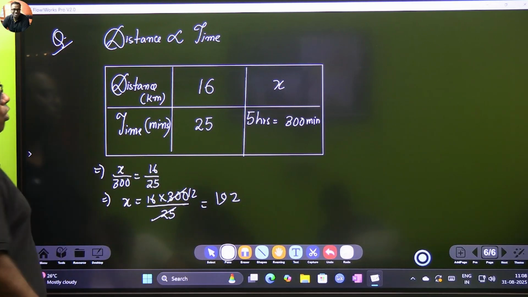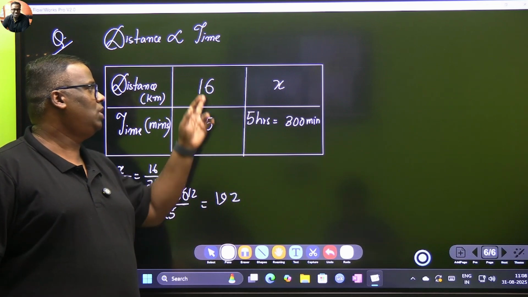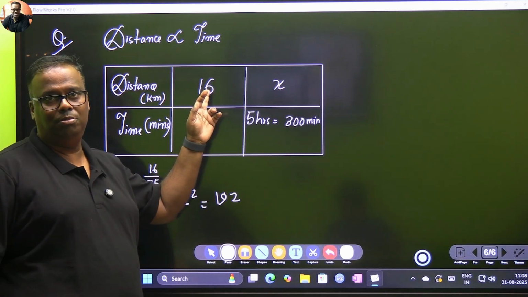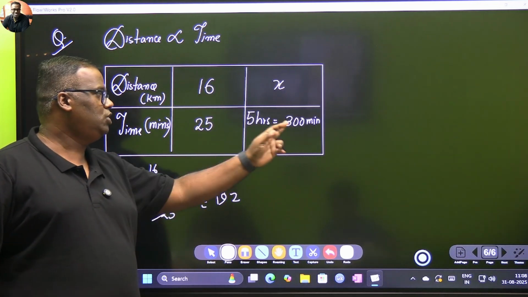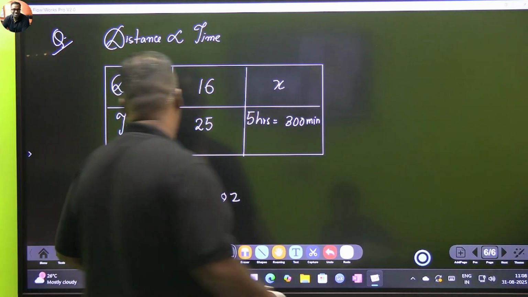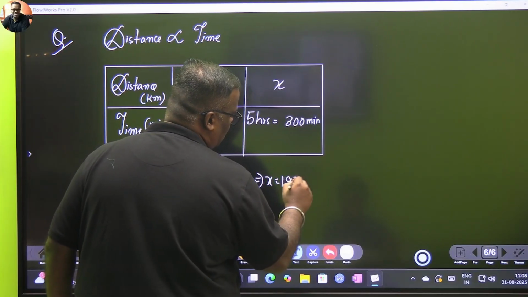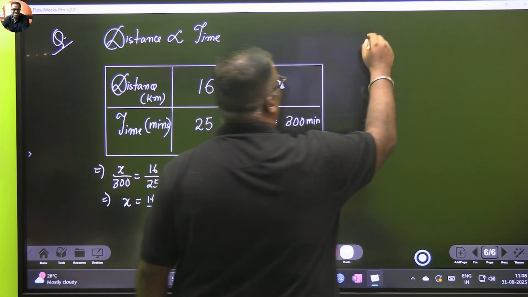19. So obviously, in 25 minutes you are covering 16 kilometers. Look at the problem and you'll see the beauty: you have increased your time, so obviously the distance has also increased. X equals 192 kilometers. So drop your answer now.